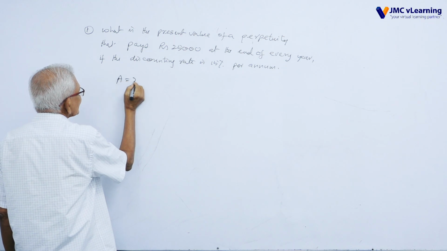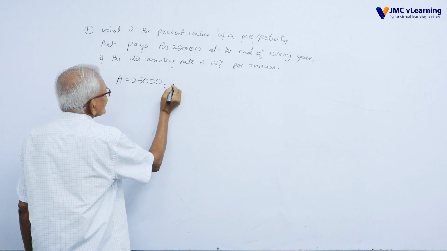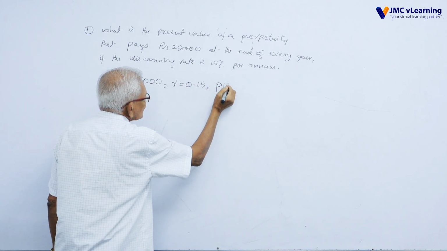A equals 25,000. A or P doesn't matter, right? R equals 0.15. PV we have to find out.